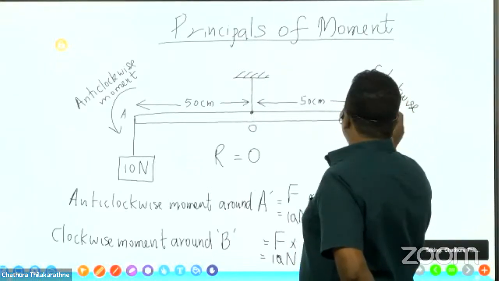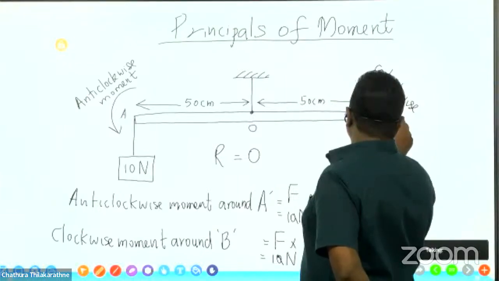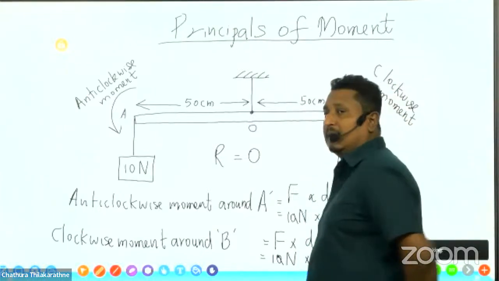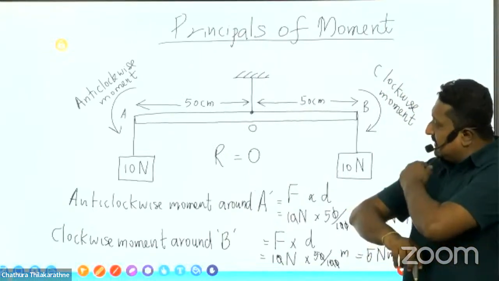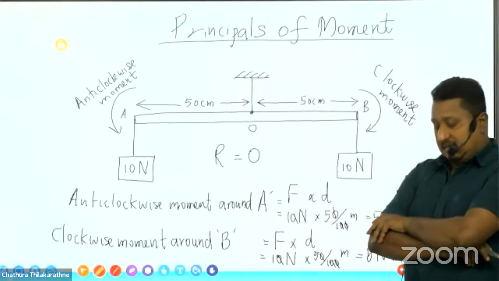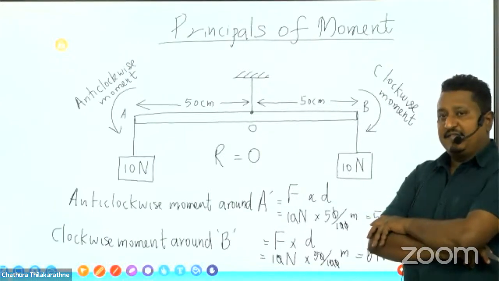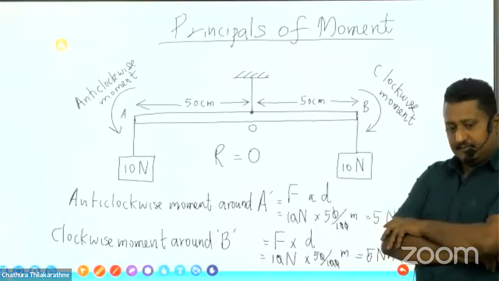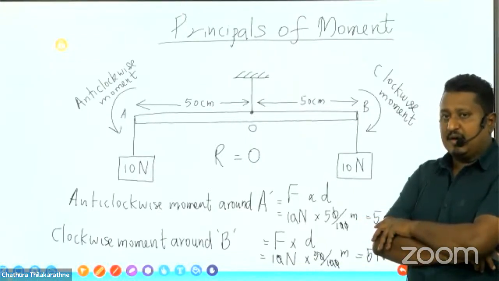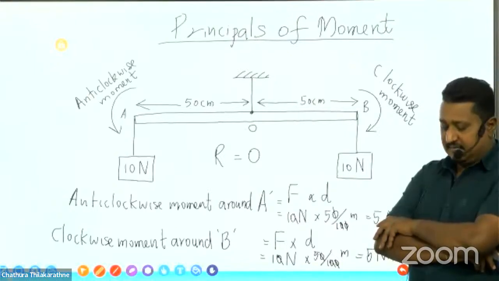Due to that moment, the ruler becomes unbalanced.